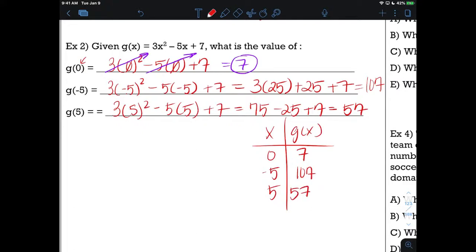Okay, so the way that I would also write this is if I had gone straight down in this direction, eventually I would have ended up with an answer that looks like this. G of 5 equals 57. This is exactly like saying y equals 57. This is the particular y value for G, okay?